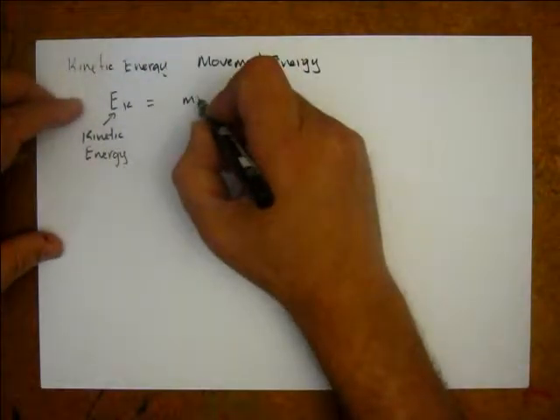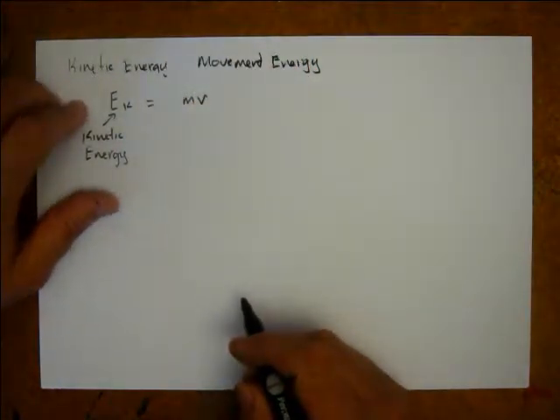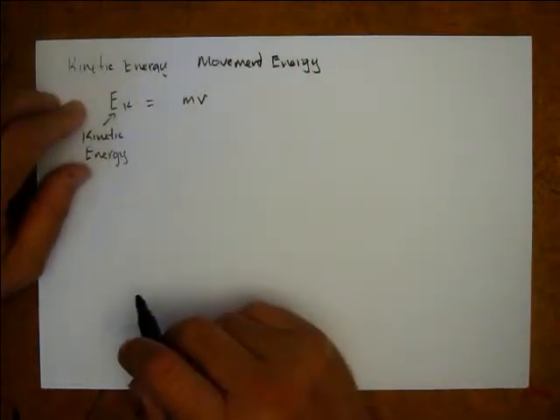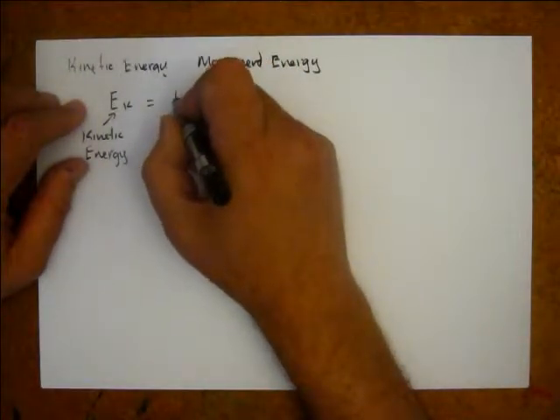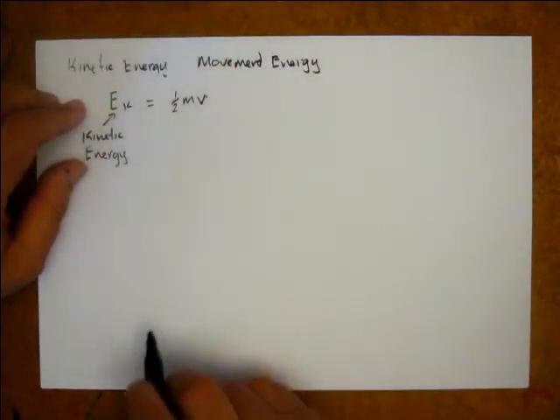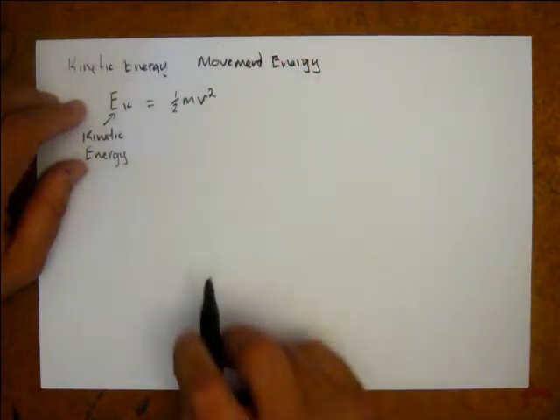It's also related to velocity. The faster it's going, the more kinetic energy it's got. But if you sit down and do the math, it's actually equal to half mv squared.